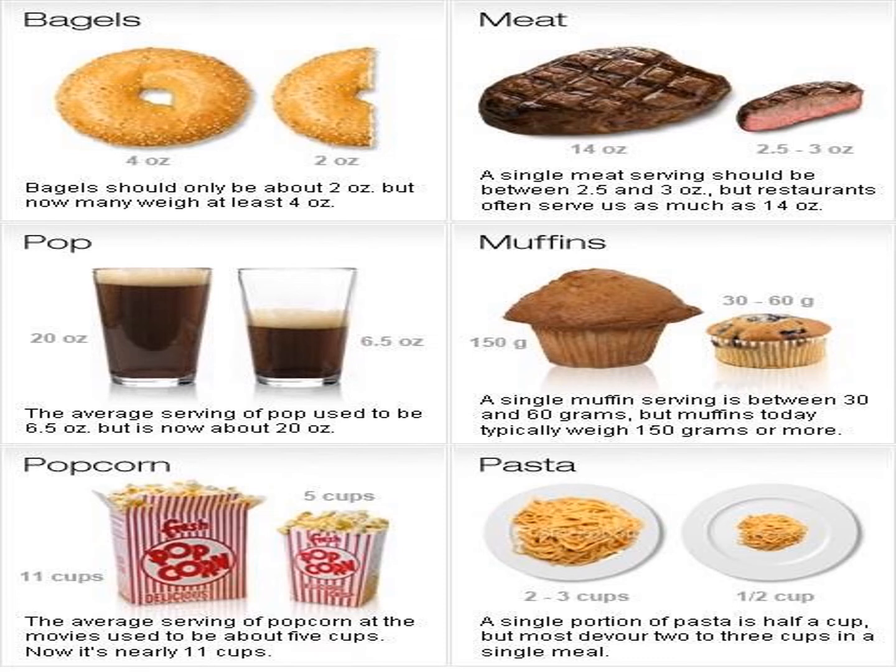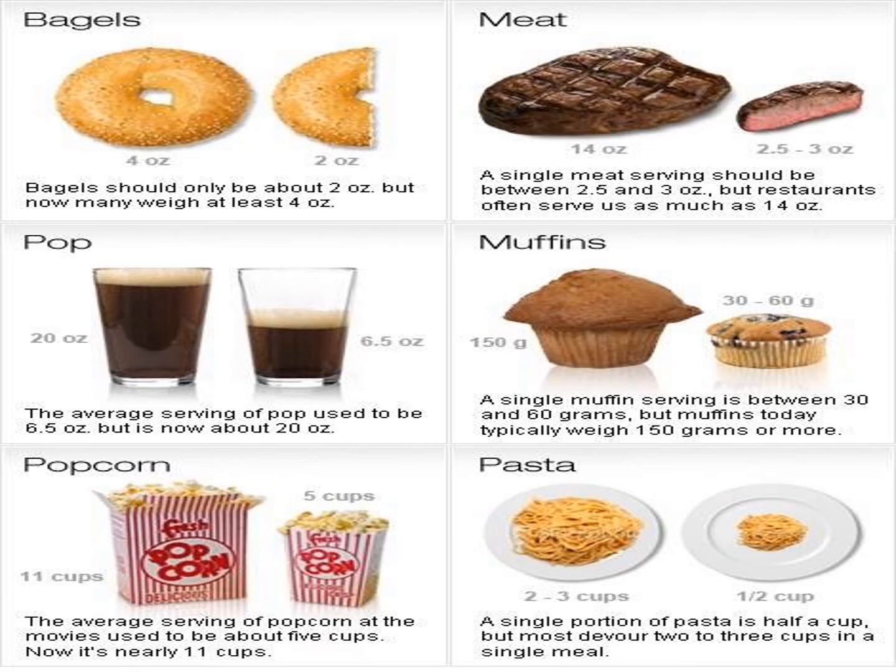So one of the issues in regards to serving sizes is the increase in what we're used to being served. And so these differences that are represented here are actually adult serving sizes. Bagels should only be 2 ounces for a serving size for adults.